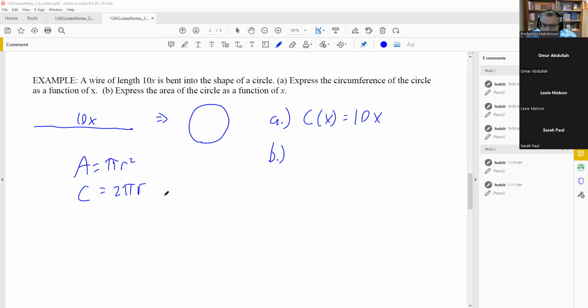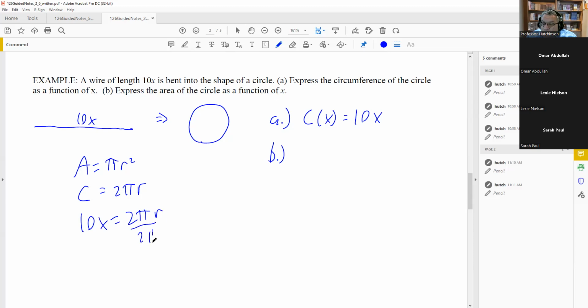Next, we know that the circumference is 10x. We already determined that. So we could say that 10x is equal to 2 pi r. We can solve for r and then put it into the other formula, because we have to find the area of a circle as a function of x. It has to have x only, not r's.